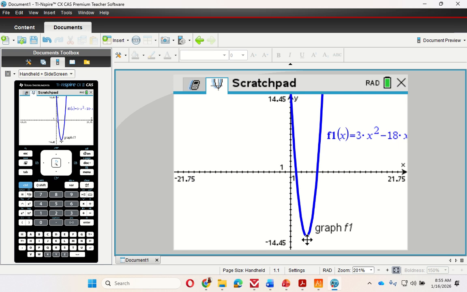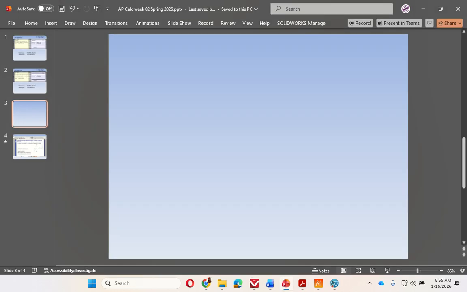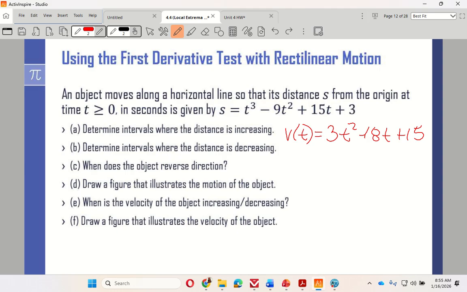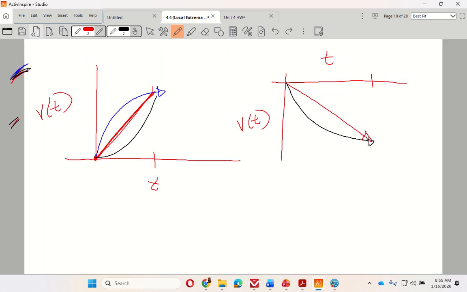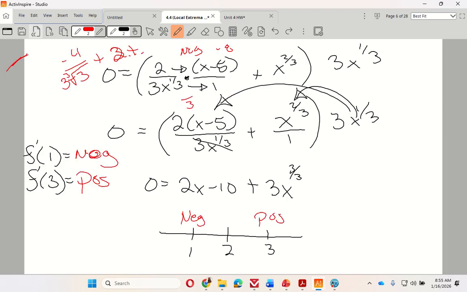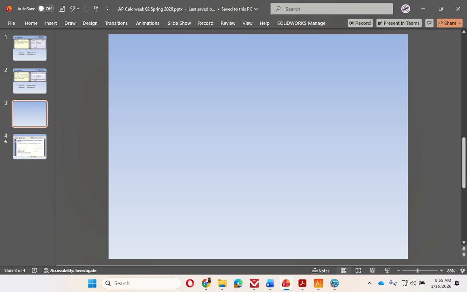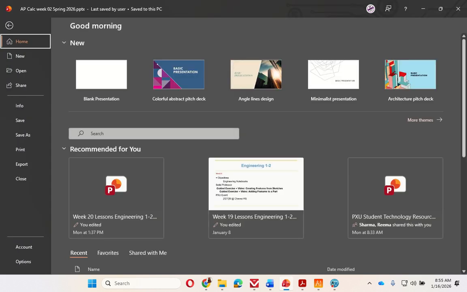So leveling out, what was that we said? I'll go back to the notes because I added it to the notes where I messed up the other day.